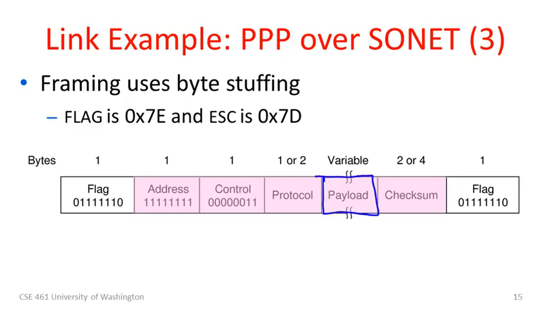And you can see that the PPP layer adds some of its headers and control information and also some trailers. And then the outer layer is the framing with our flags. In fact, the flag character here is 0x7e. And we'll also have to escape this character if it occurs inside the IP packet that's inside the payload. And we'll do that using 0x7d as the escape character.